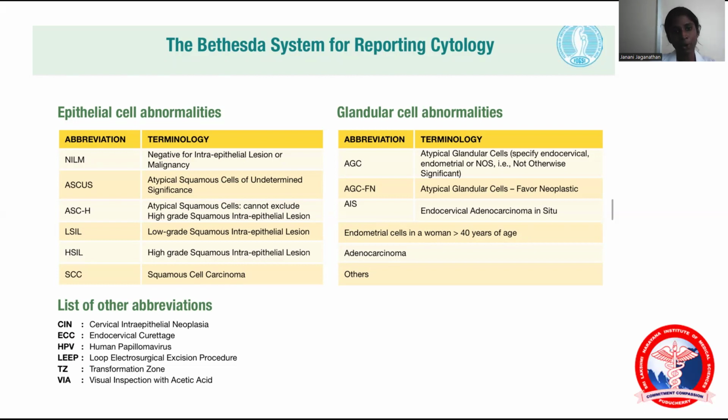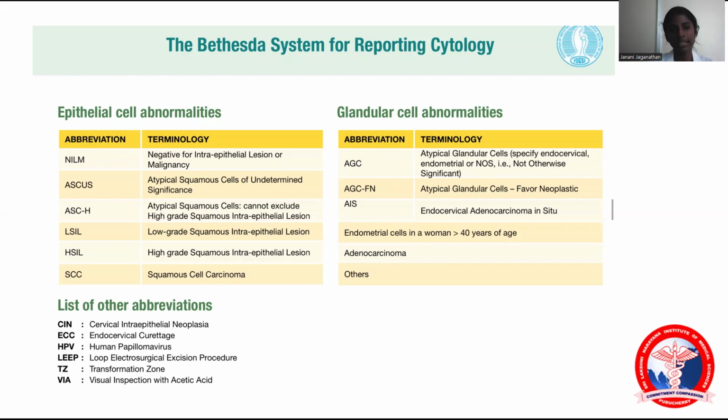The terminologies in epithelial cell abnormalities include NILM, which is negative for intraepithelial lesion or malignancy. There will be no abnormal cells seen on the pap smear. That is called NILM. The second category is ASCUS, atypical squamous cells of undetermined significance.